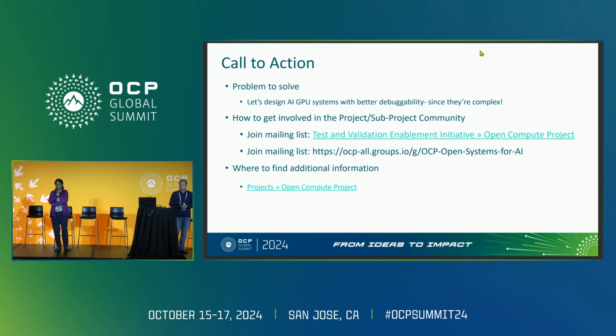Definitely OCP has the Test and Validation Enablement Initiative that could be a great forum to bring in some of these ideas and collaborate across the board to bring them to fruition. Joining the new Open Systems for AI initiative is another space where this could be brought up. And for additional information on the ongoing efforts in this space, definitely please check out the Open Compute Project. Thank you.